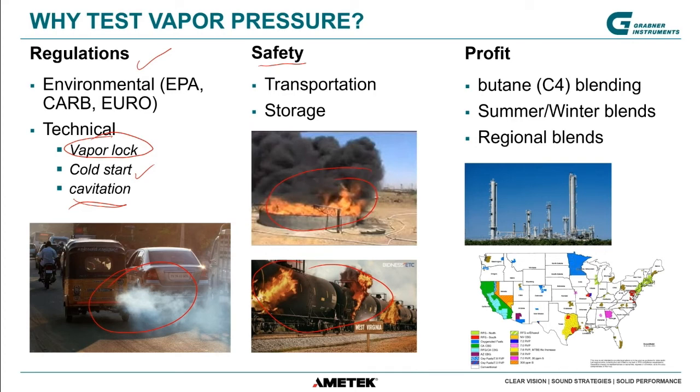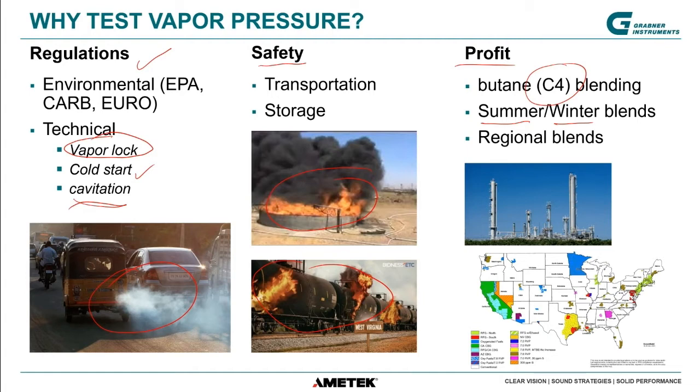And then, of course, you have the reason of profit. Butane blending or C4 blending is something which is widely done to adjust the vapor pressure of a gasoline to the limit. For example, as I mentioned, the summer limit of vapor pressure is lower, and winter limits are higher.